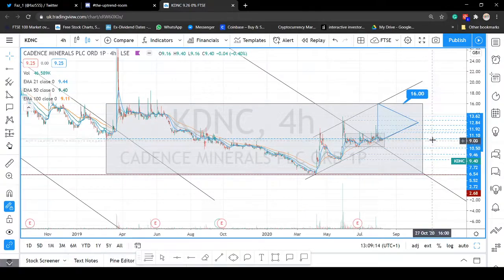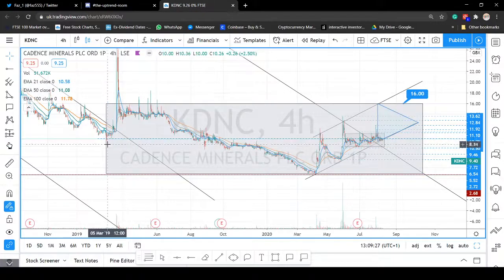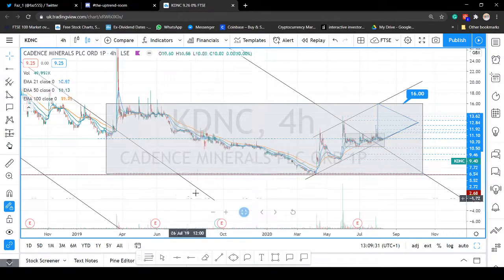That level is pretty much where price closed at. Do you see that? That's not a coincidence. 9.4p. That resistance was created then, and that is where price closed at on Friday.